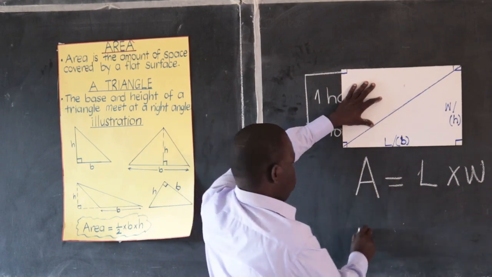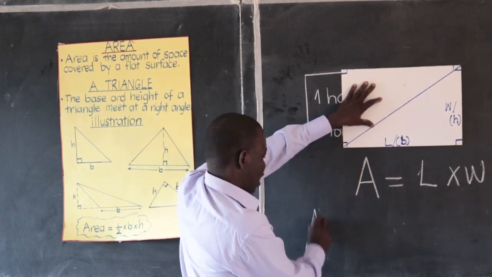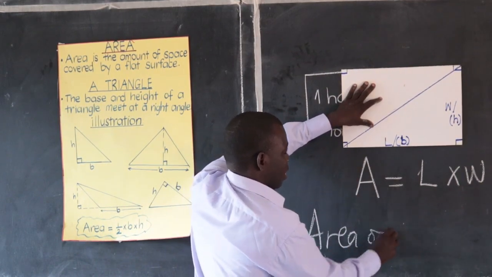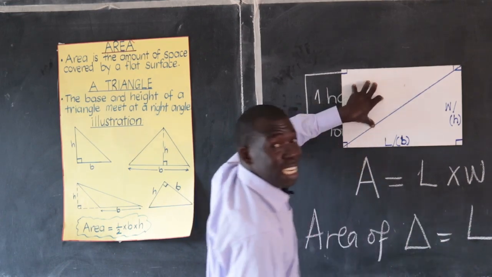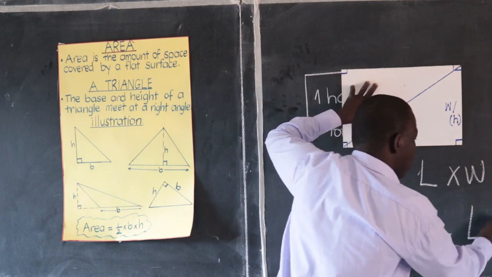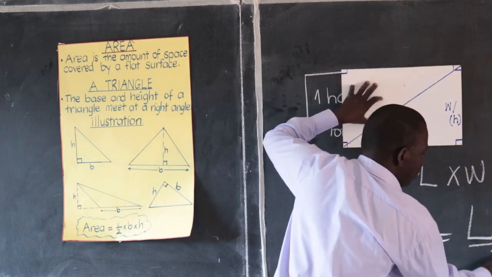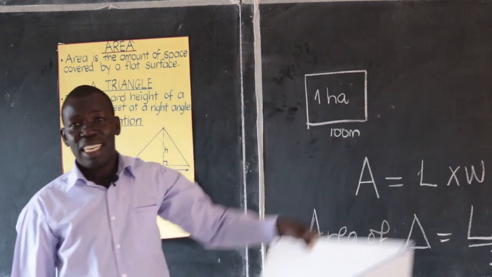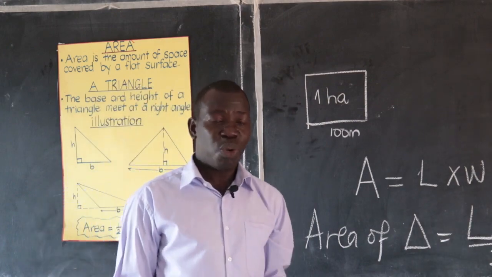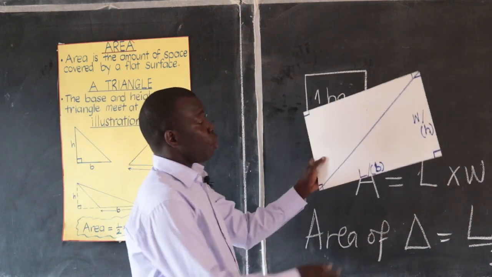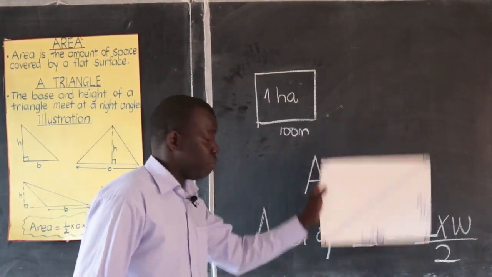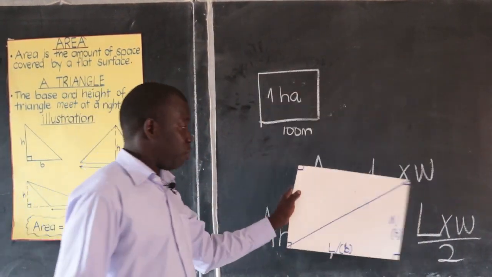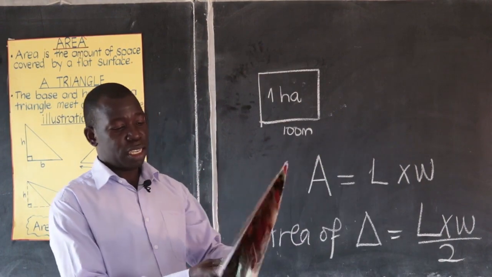That is, for me to get the area of a triangle, I divide the area of a rectangle by 2. I have divided the area of a rectangle into 2 equal parts.